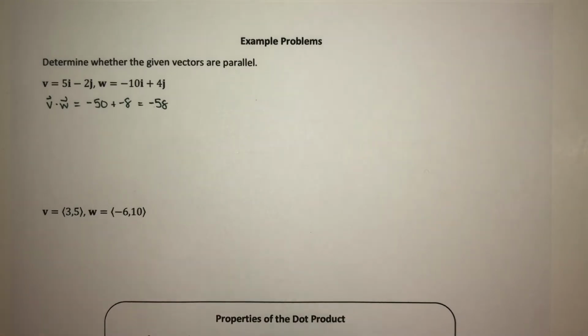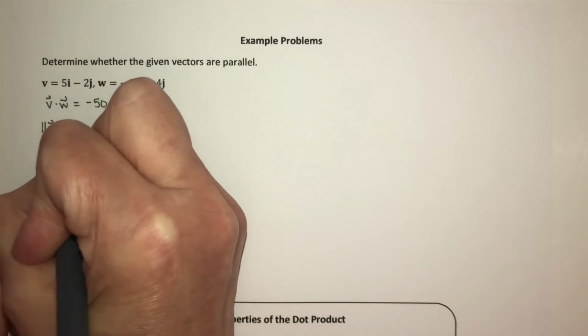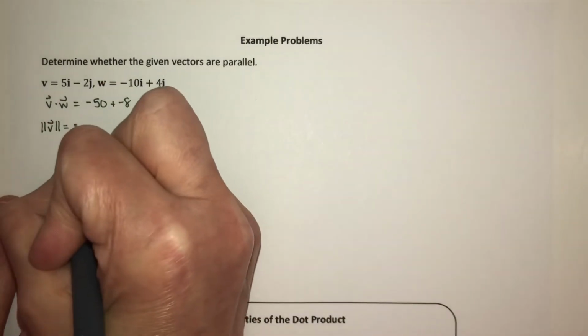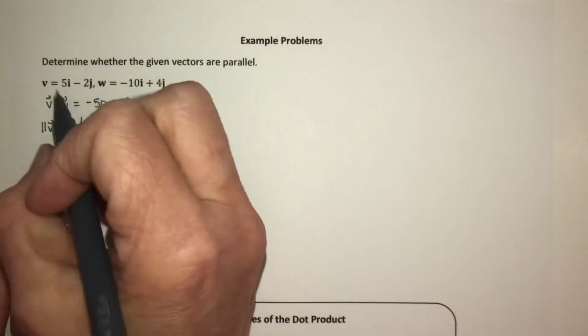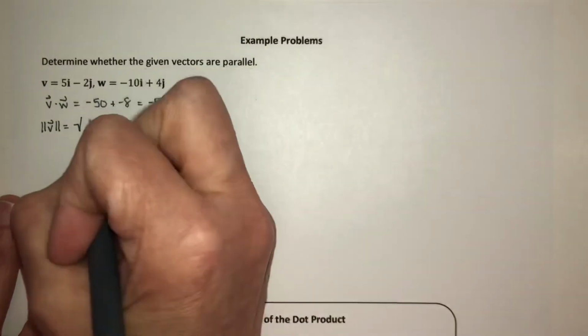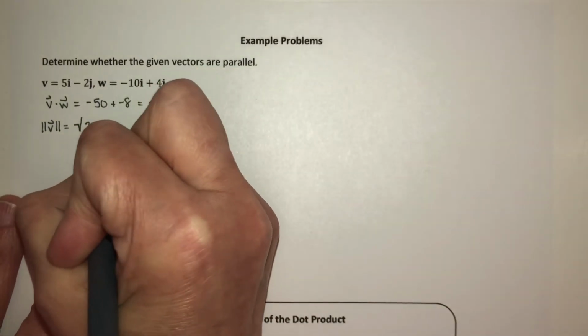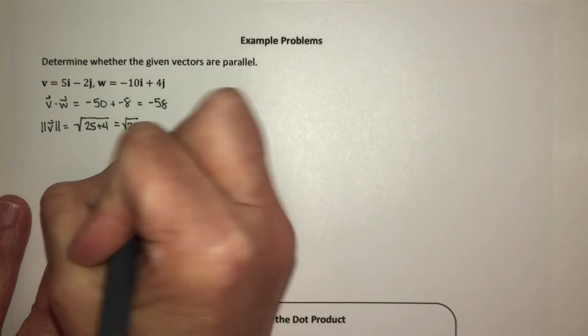Okay. Now find the magnitude of v. That's going to be the square root of 5 squared plus, oh, no, 5 squared plus 2 squared, or -2 squared. So that's 25 plus 4, which will be the square root of 29.